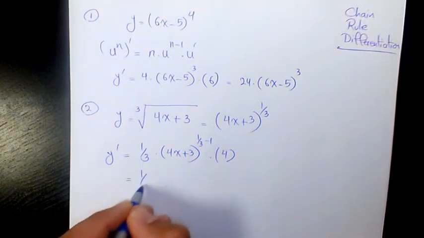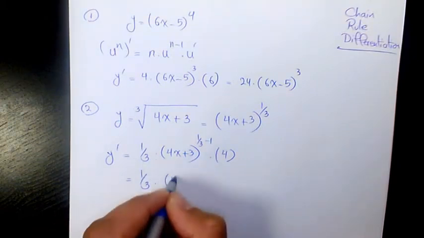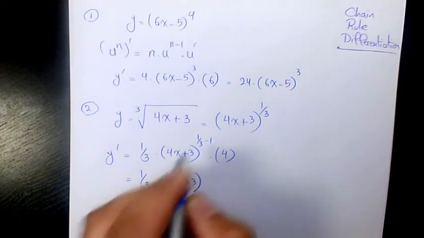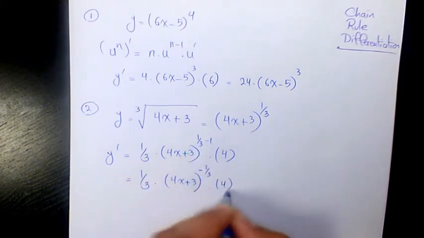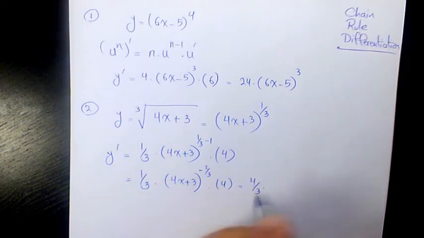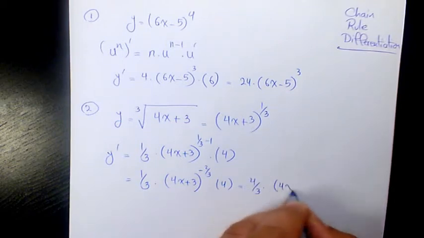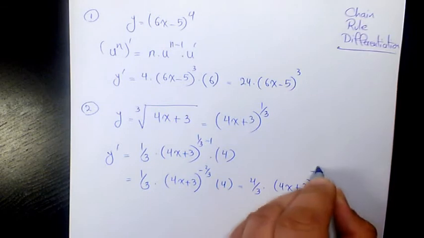So it's going to be 1 over 3 times 4x plus 3 to the power of negative 2 over 3 times 4. So it's 4 over 3 times 4x plus 3 to the power of negative 2 over 3.